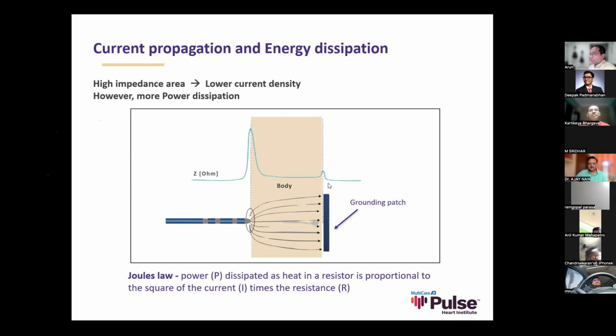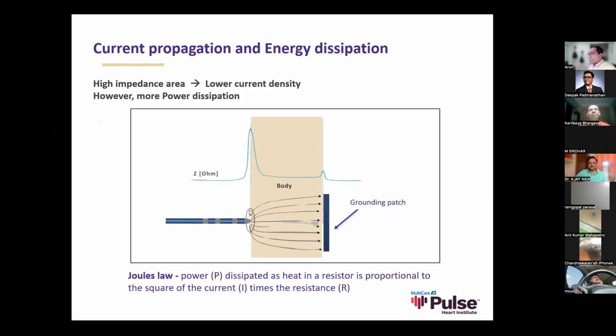At the grounding patch you do have some impedance because there is a change in material between the body and the patch, but the grounding patch is much bigger compared to the catheter tip. So there is a lot of focused energy at the catheter tip, and not a lot of focused energy at the grounding patch. So the grounding patch has to be much bigger, and it's always much bigger.